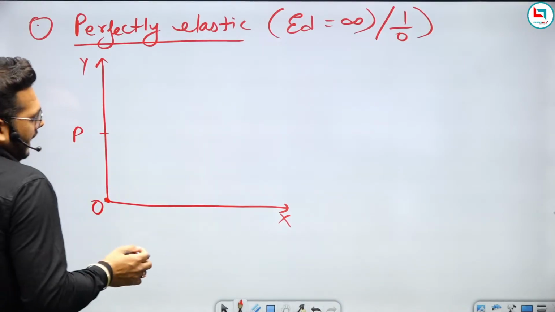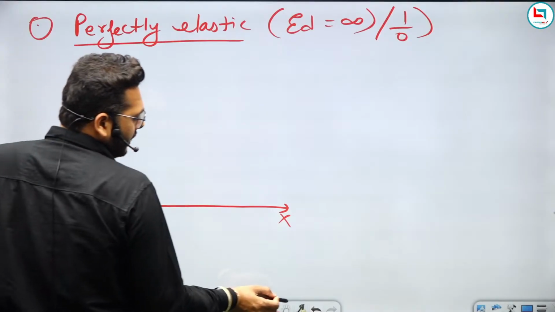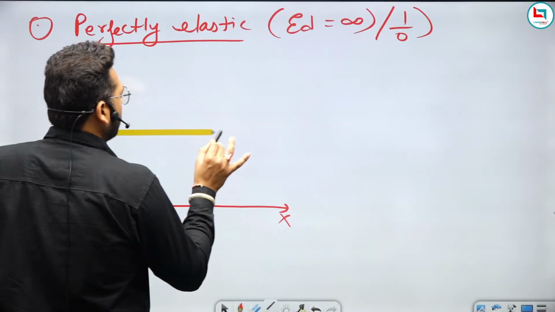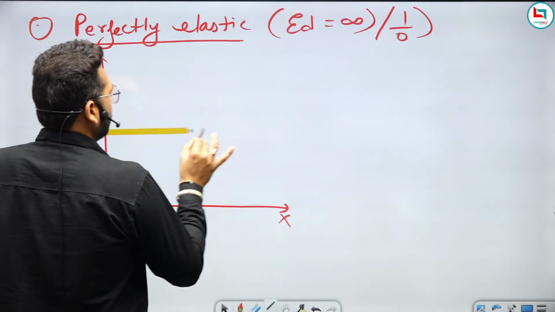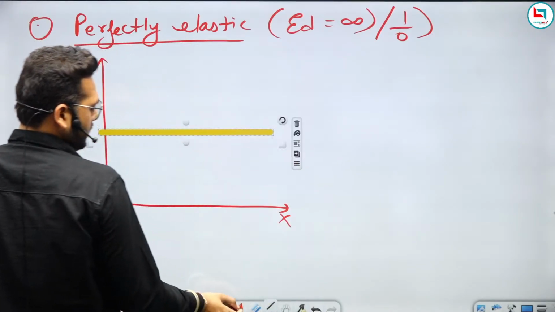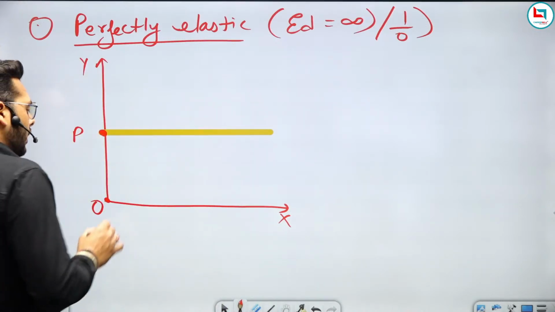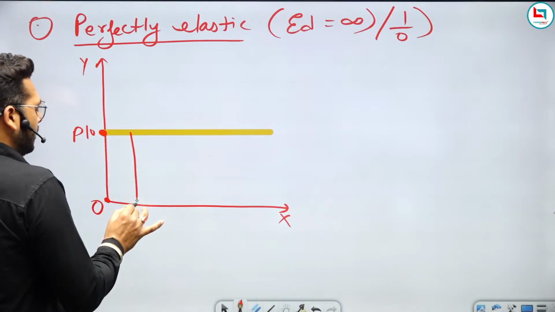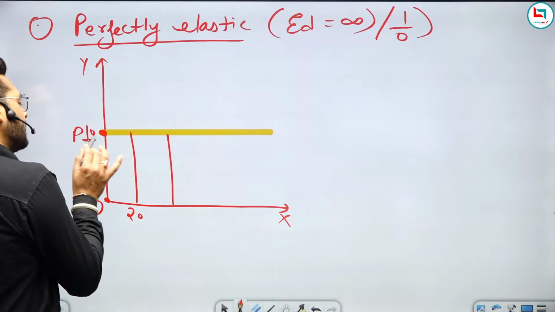So I need to explain one thing. If the price is the same at every level of output, let's say this is the price curve. Now let's say at rupees 10, you are demanding 20 units, at the same price.